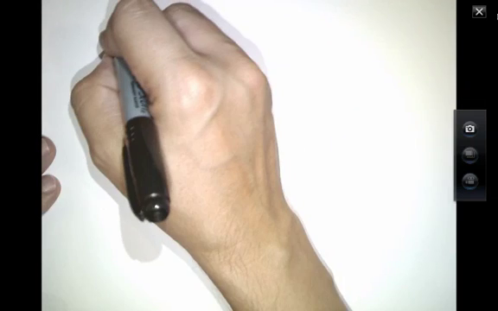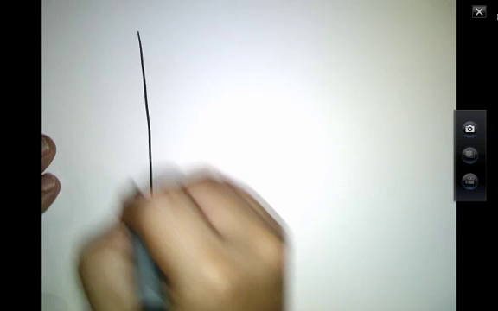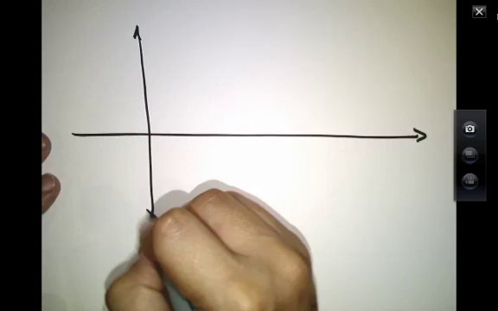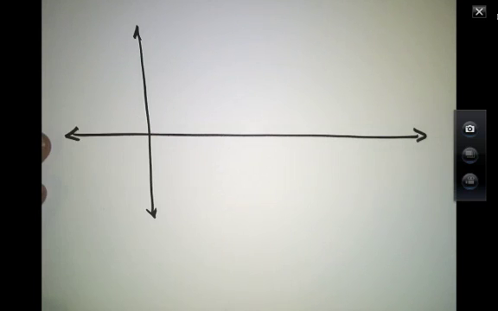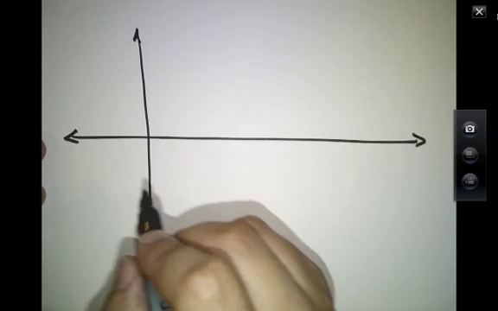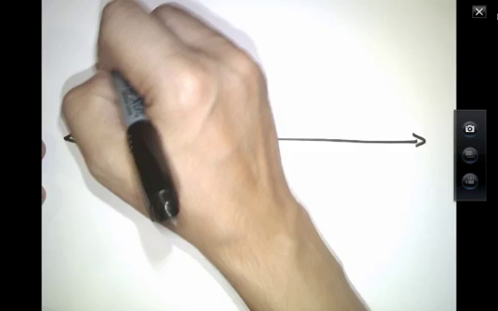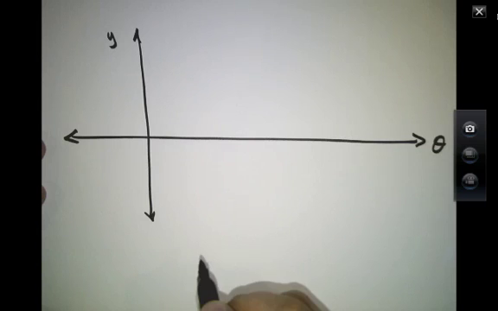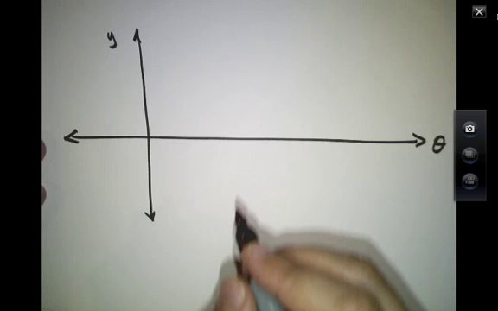If we were to graph these functions, it's useful to think about what they might look like. So I'm going to graph on the vertical axis y, and on the horizontal axis I'll graph theta, and I'll do this in degrees just to make it easy on ourselves.